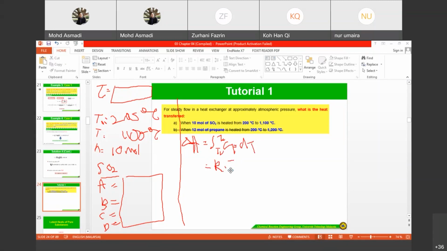I'm using the ICPH integration, with T naught, T, and A, B, C, D. So please calculate by using the delta H equation.